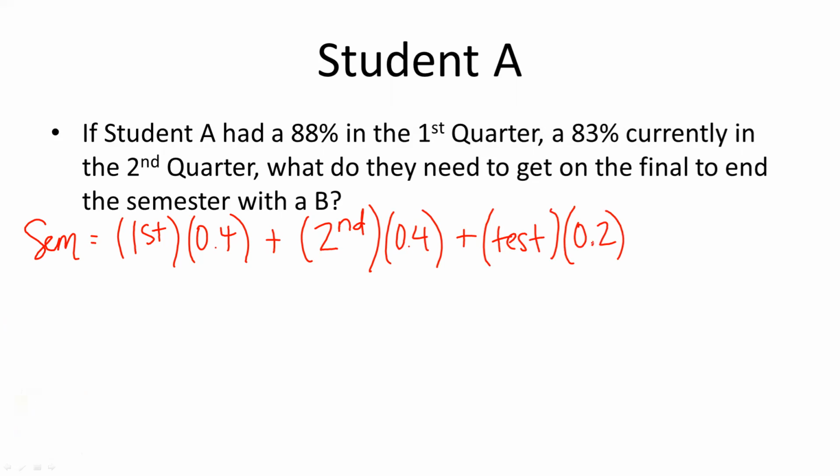Okay, so a lot of times we'll know what the test score is and then we can solve for the semester grade. But in this case, we know what we want our semester grade to be for student A, but we don't know what that means for them to get on this final, on the test.